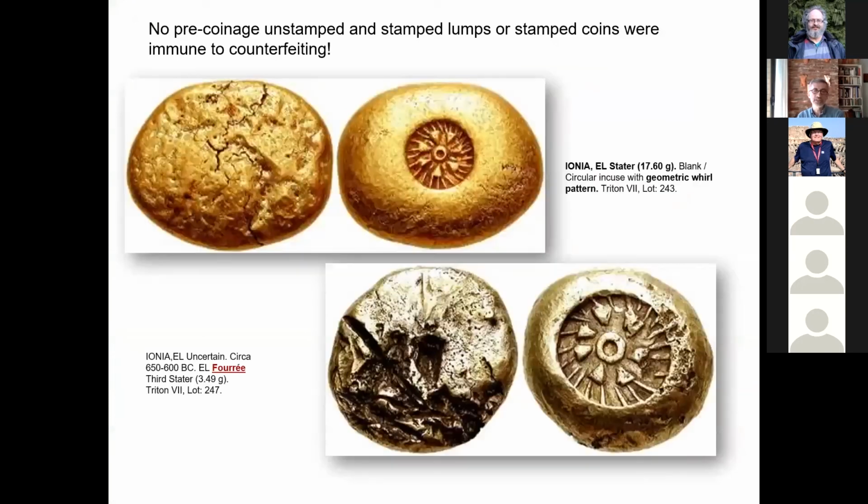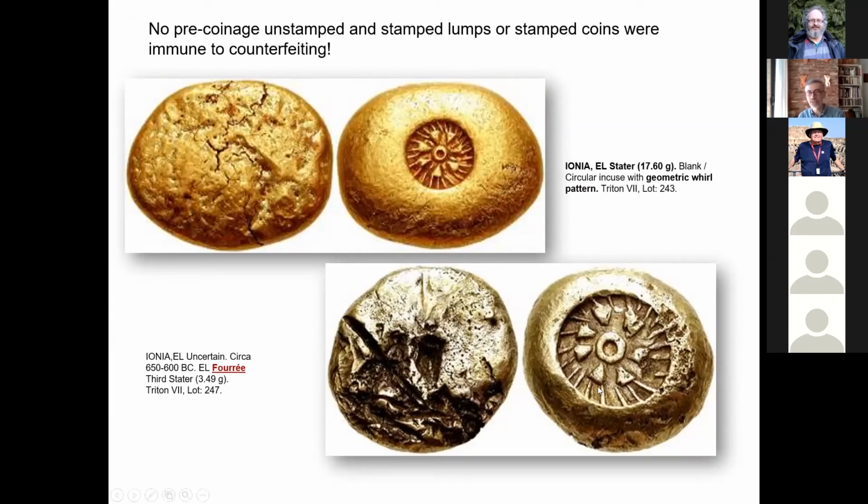Here is an interesting example. I found this coin, the one on the top, early during my research, and I said, wow, what a fascinating coin. And then I started to research for the plated coins, and I found this one. Come on. It cannot be a simple counterfeiter following these people. They were in the same mint.